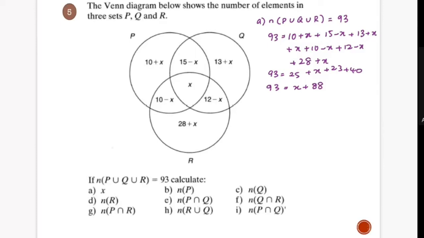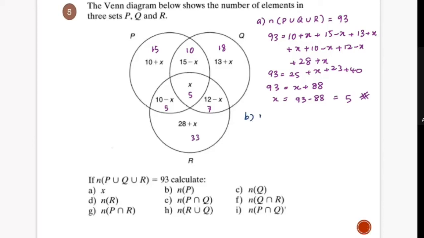So your X is equal to 93 minus 88, X is equal to 5. So this is the answer for part A. So you know that this is 5, so this region must be 10, 15, 18. This one, 7, 5, and 33.